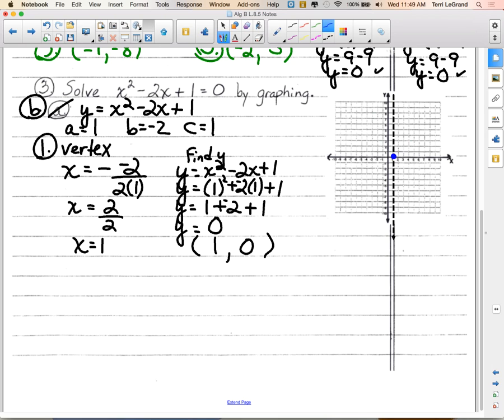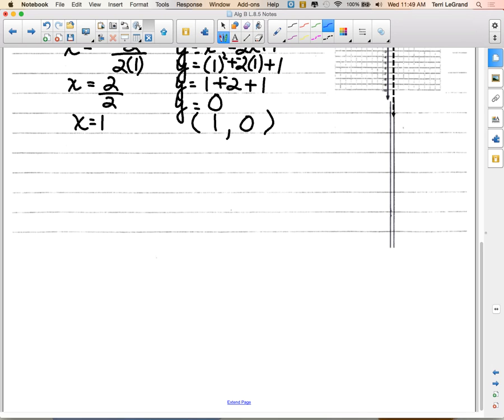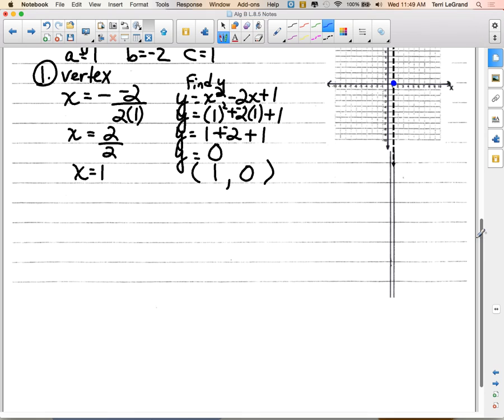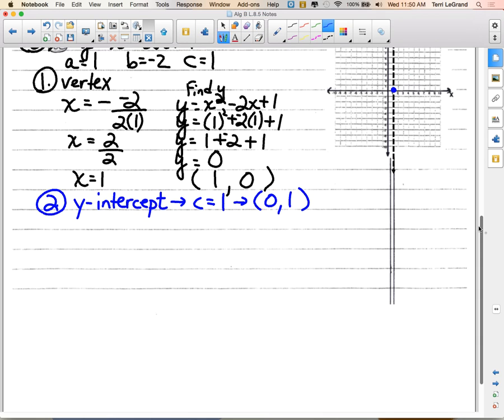Now we're ready to move on to our second point, and that is going to be the y-intercept, which is the c value, right? So our y-intercept is what? 0, 1. I'm going to go put that point on.